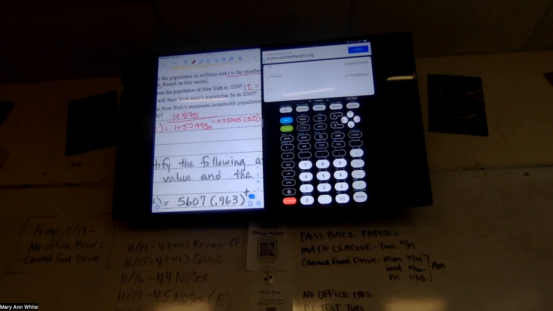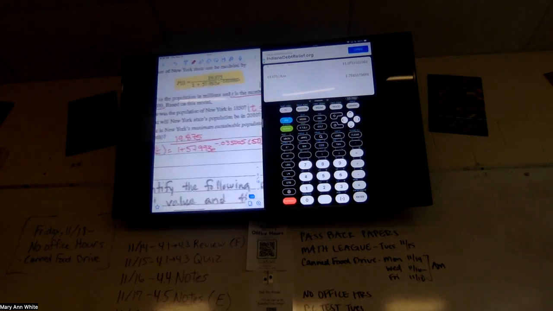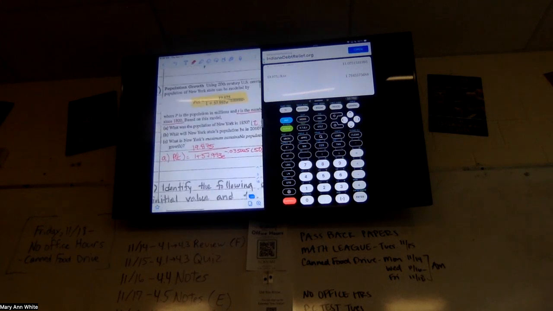And then I'll do 1 plus 57.993 times that number. Okay, that's the whole denominator, so then I'll do 19.875 divided by that number. And I get 1.79. And this is in terms of millions. So 1.79 million.